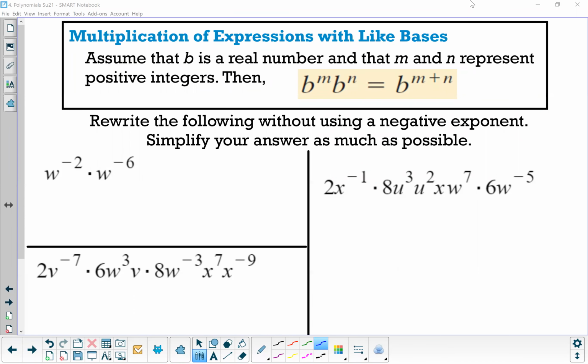All right, let's take a look at multiplication of exponential expressions. Remember that when you are multiplying exponential expressions that have the same base, you can add your exponents.